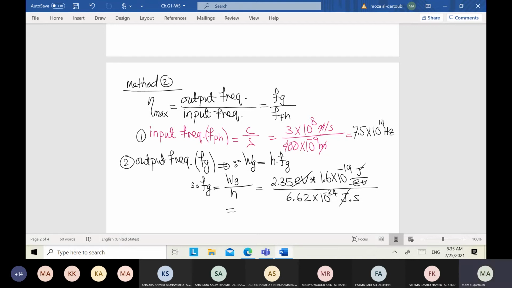Again we should check the frequency, because we have an ideal photodiode, so the input frequency should be greater than the output one. This is for the output, so we should check whether this answer is less than or greater than the previous one.